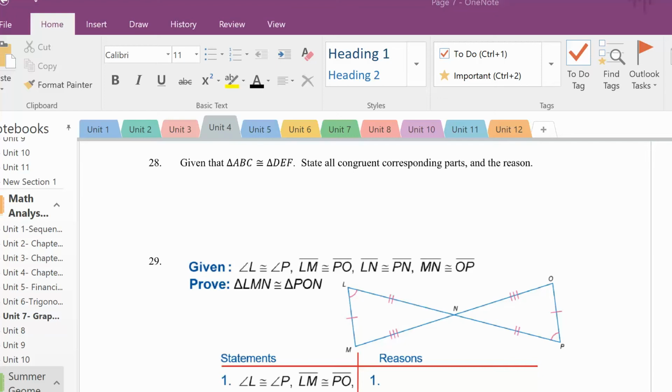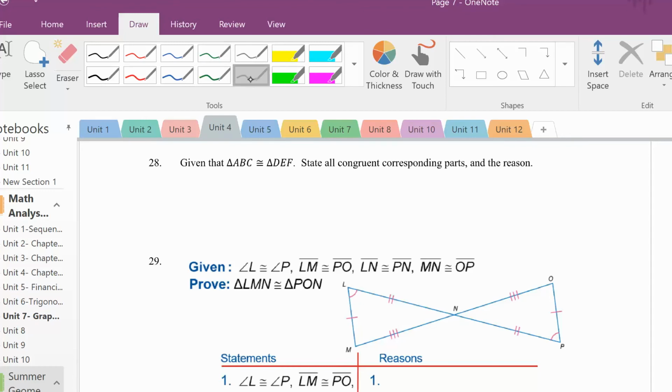So it says, given that triangle ABC is congruent to triangle DEF, state all congruent corresponding parts and the reason.